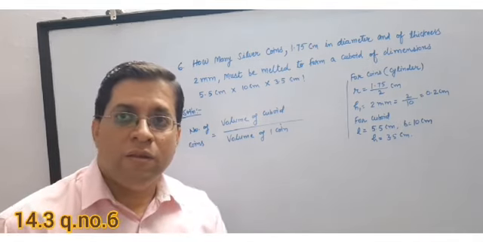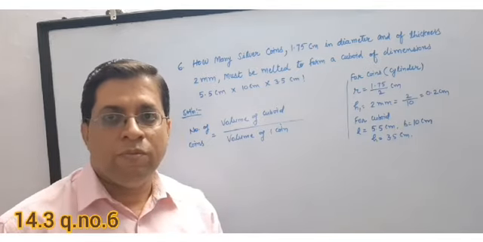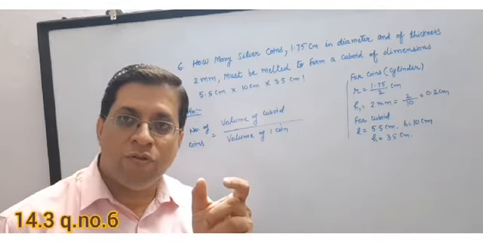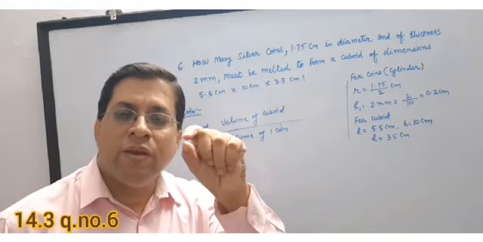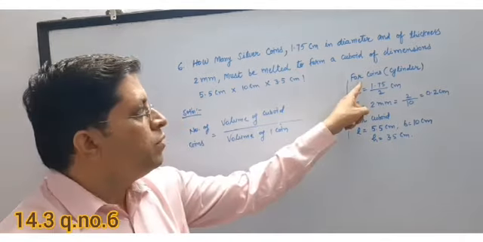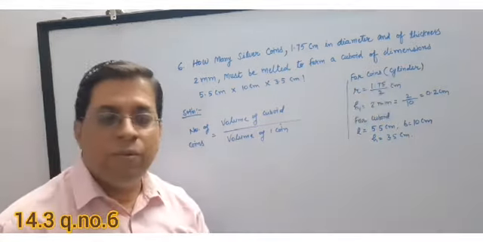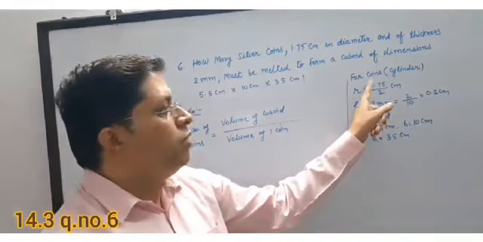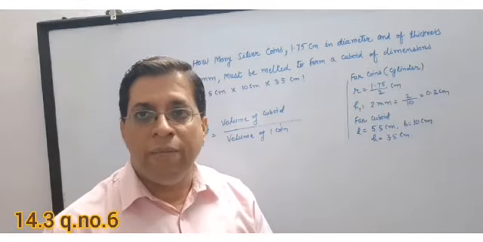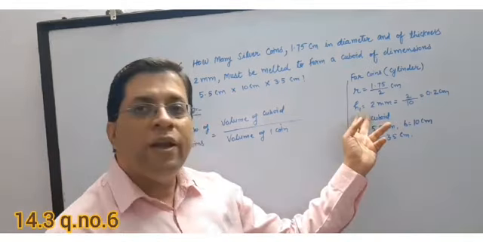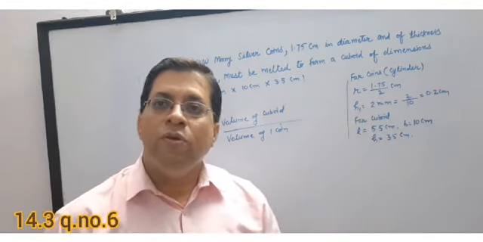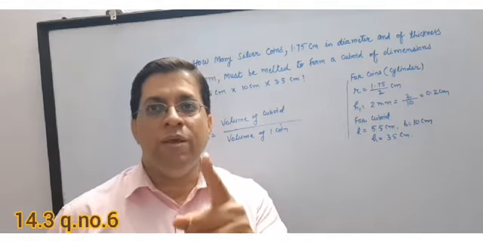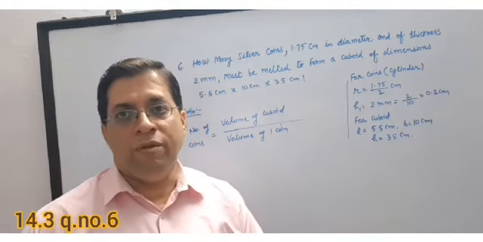Coin is in cylindrical shape because it has a radius and also a thickness, a height. Here the coin is cylindrical, radius is 1.75 upon 2 because diameter is given, and height h1 is 2 millimeter. You can convert it to centimeter, this will be 0.2 centimeter.